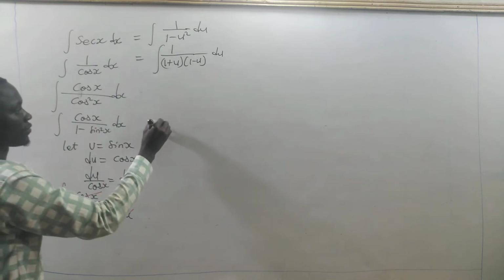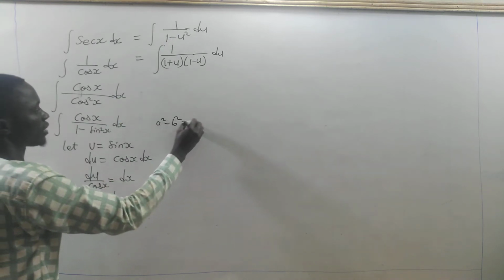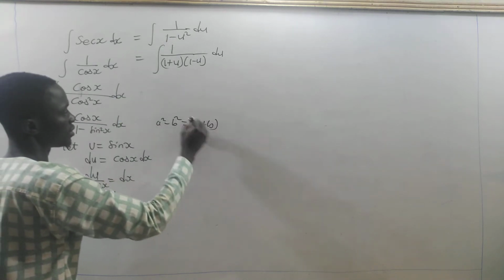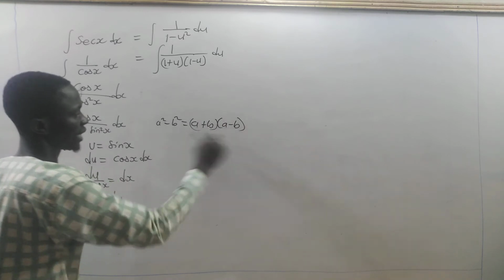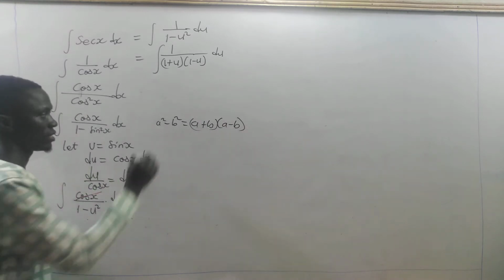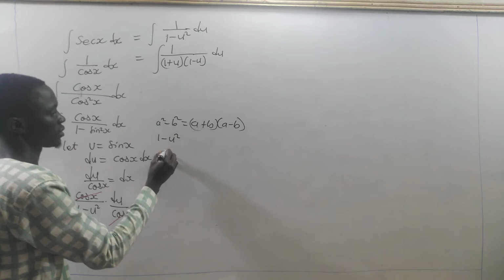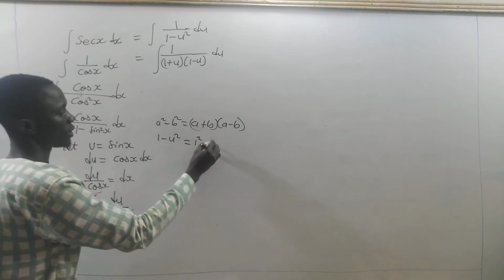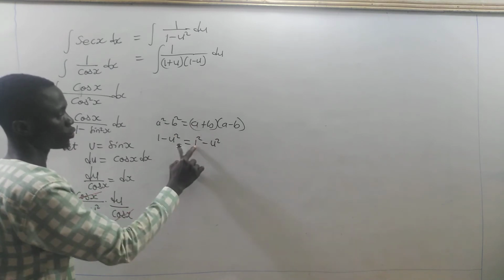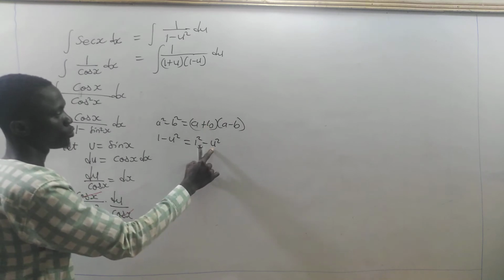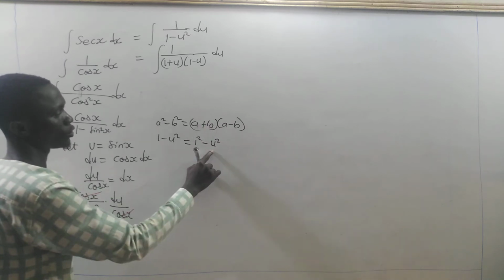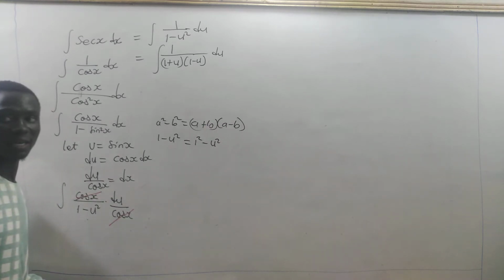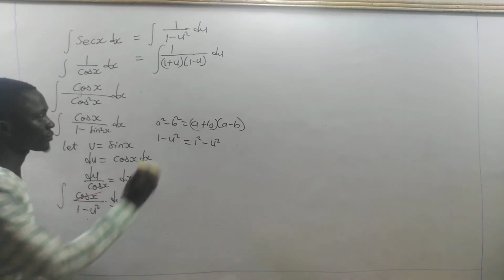Because if you have a squared minus b squared, it is a plus b times a minus b. That is the difference of two squares. So 1 minus u squared is the same as 1 squared minus u squared. So here a is 1 and b is u. That is the difference of two squares.